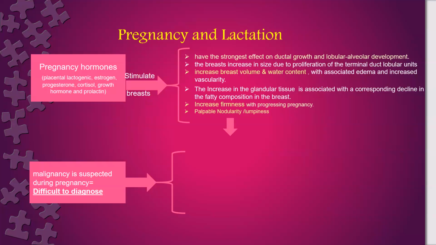The gland proliferates, the fat reduces. So the ratio of gland to fat becomes very high. The breast becomes almost completely full of gland, replaced by gland with paucity of fat. That is why the breast is getting denser. Highly dense, because there is no fat.